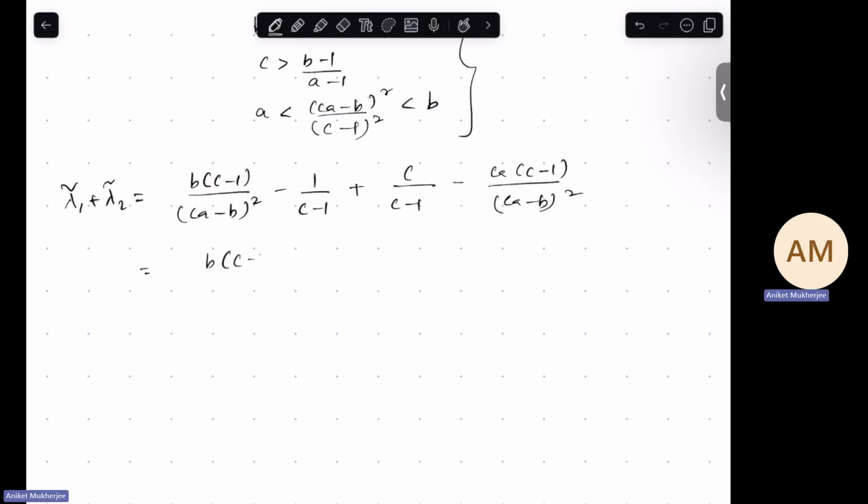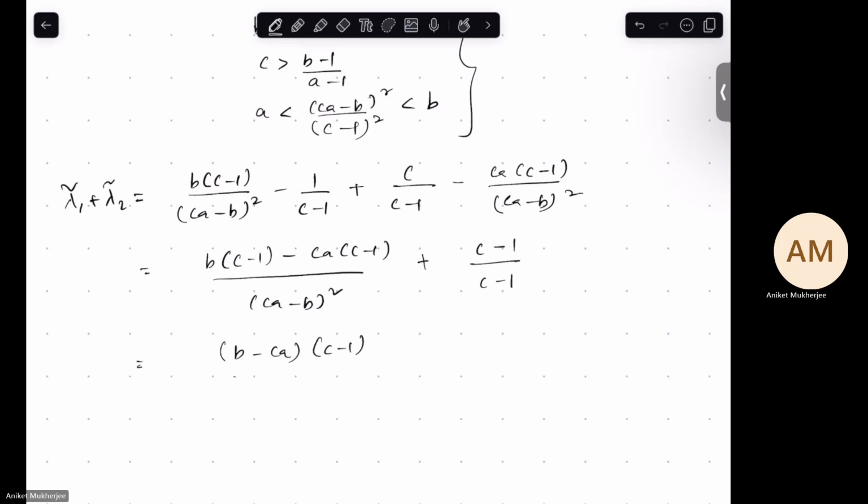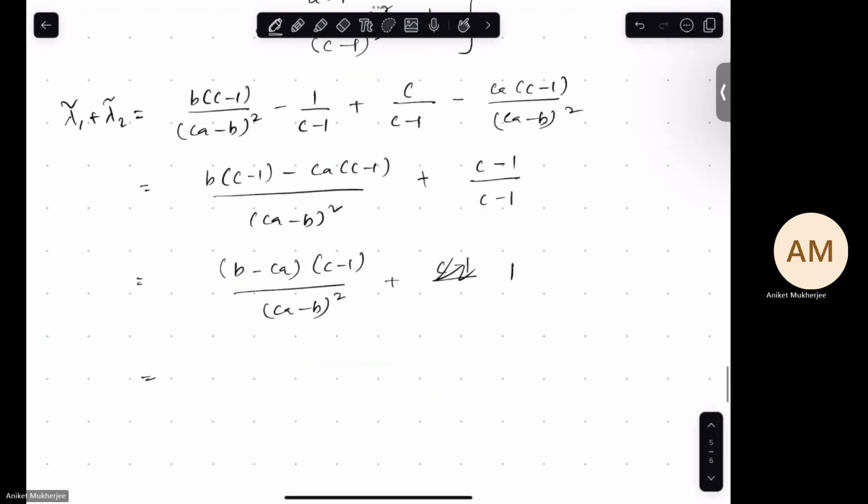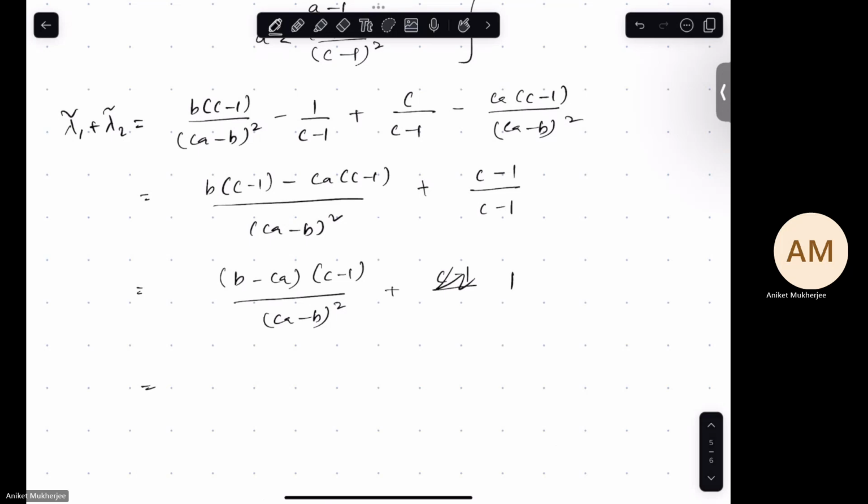So we have b c minus 1 minus c minus 1 by ca minus b whole square, plus c minus 1 by c minus b plus 1.